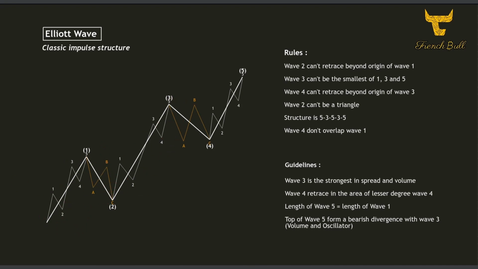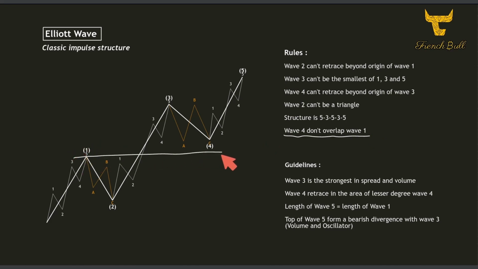Now, wave 4 can't retrace beyond the origin of wave 3. Of course, like for wave 2, if wave 3 were to come below this point, it's not a trend anymore. We are not in an impulse. There is another rule for wave 4.